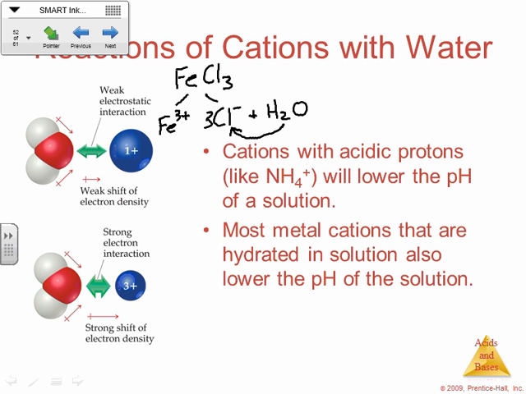But your other ones, I-, remember you can just kind of look below chlorine. You can look at the Br- and the I-, okay? So those two won't really change the pH of a solution. NO3- won't change the pH of a solution because that would form nitric acid.